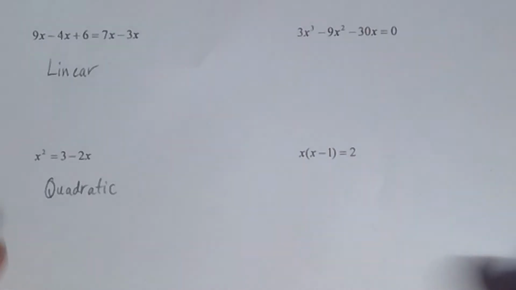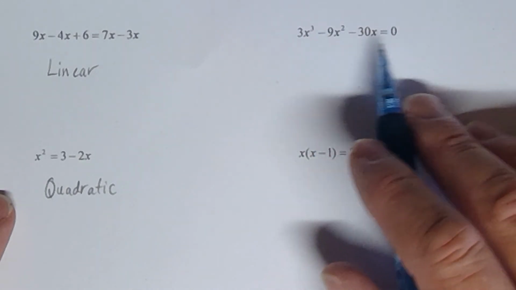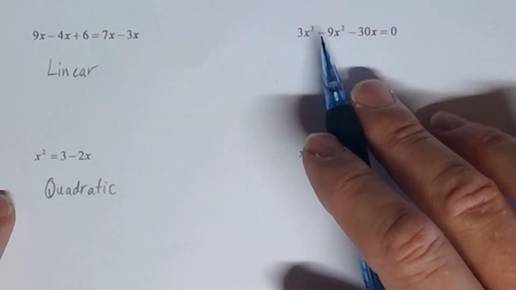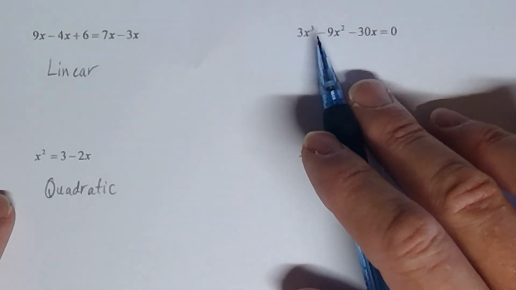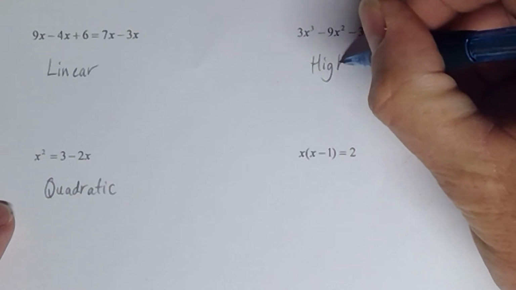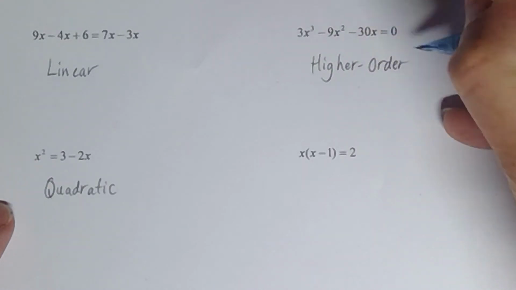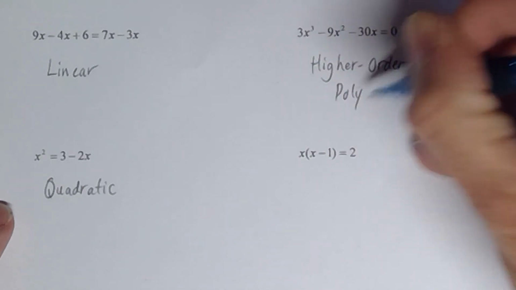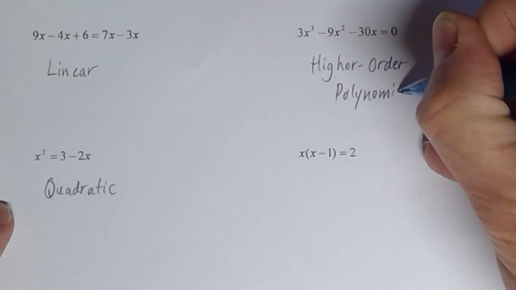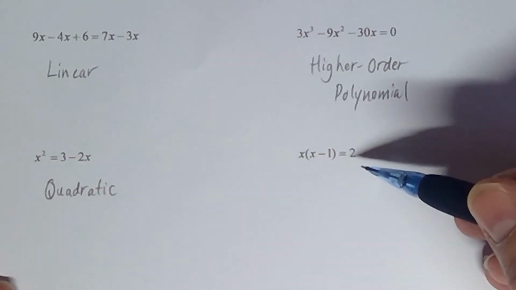And finally, when the highest exponent attached to the variable, again assuming you have a polynomial on both sides, is 3 or higher, in this case it's 3, you could sometimes see 4, that's called a higher order polynomial equation.